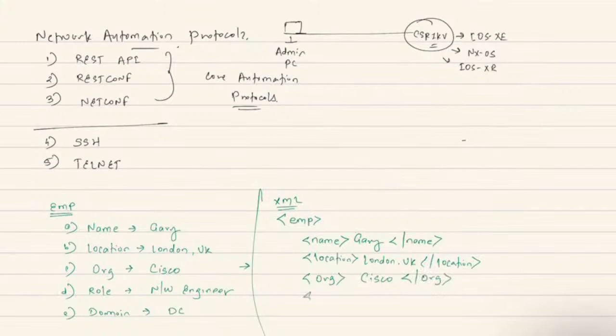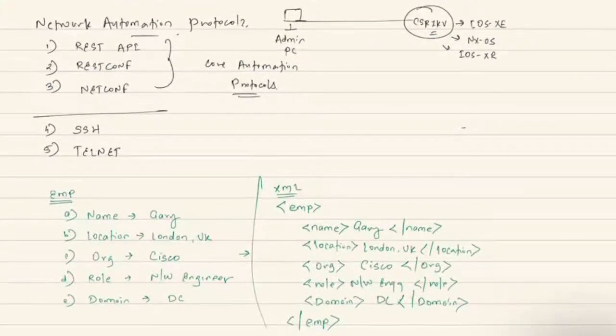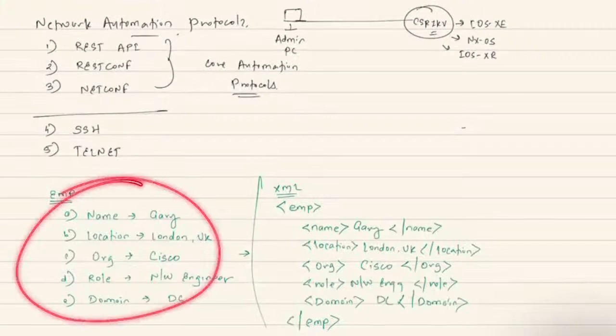Similarly, I use another tag for role, which is network engineer, and close role also. Lastly, we have domain, which is data center, and domain is also closed. Similarly, the employee tag is closed. So this is how the same data can be converted into a language that can be understood by a PC.